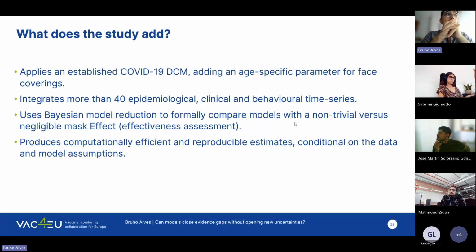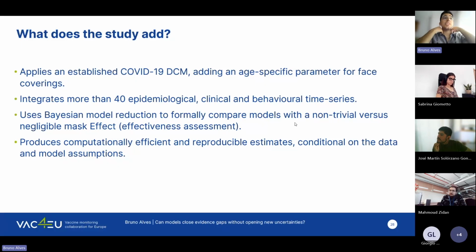What does it add? First of all, it applies a new methodology, and it adds a specific parameter regarding the face coverings that the original DCM COVID-19 did not use at all. Because of this, it integrates more than the 14 time series with this new time series regarding the self-reported use of masks.